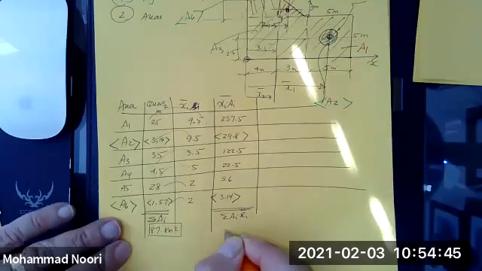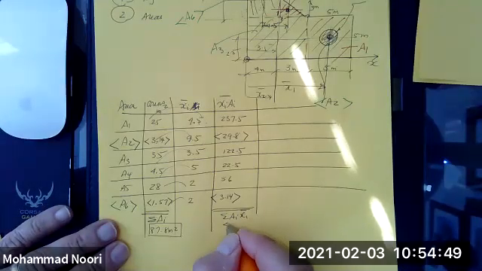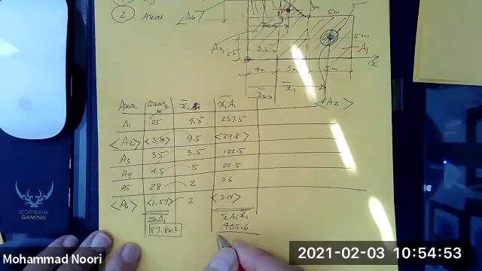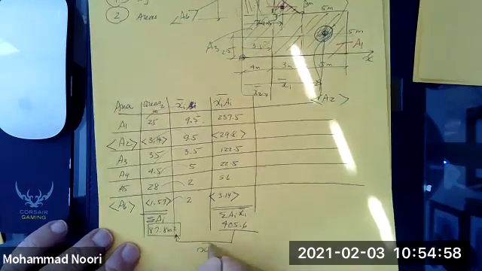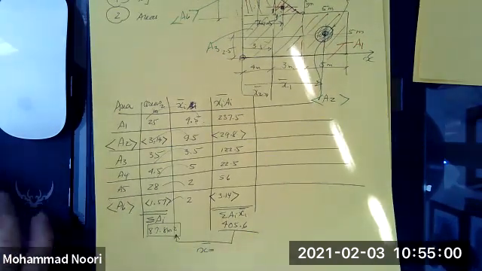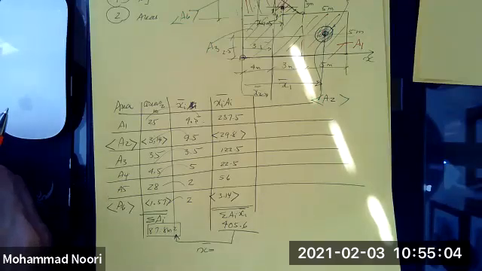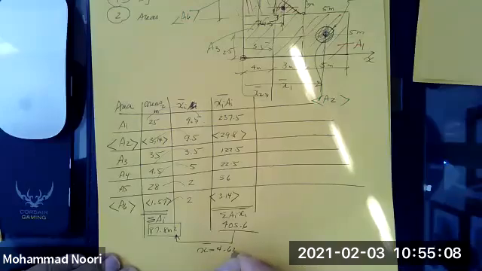Add these up, that will give you the sum of AiXi bar, and I have calculated that. That is 405.6. Now, if you divide these two, that will give you X bar, and X bar comes out to be 4.62.